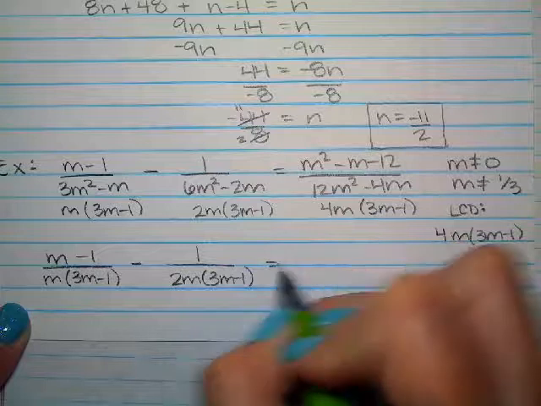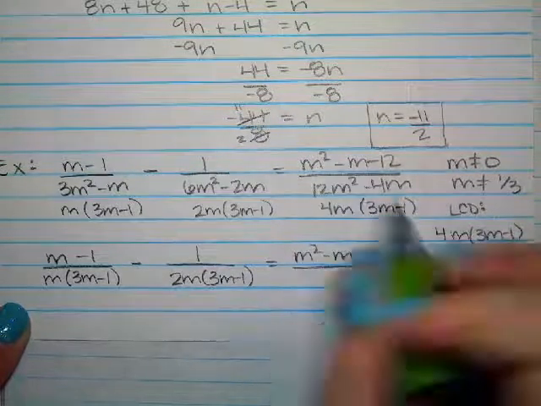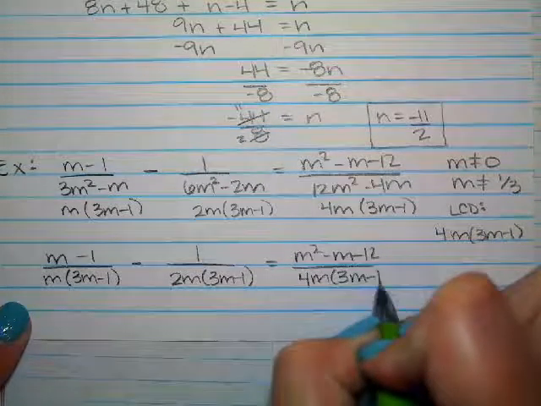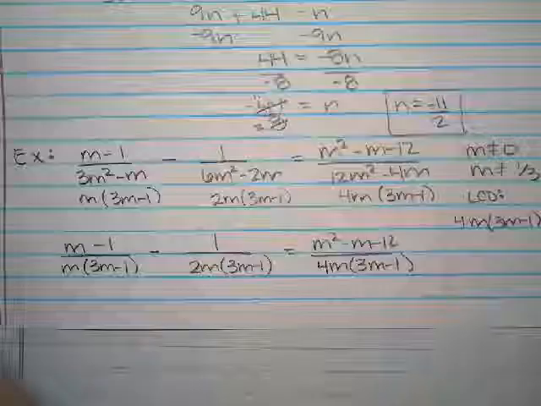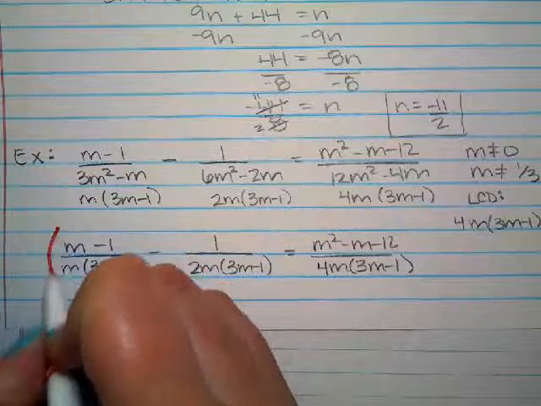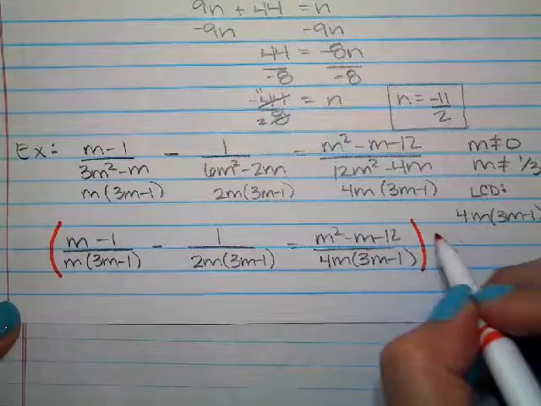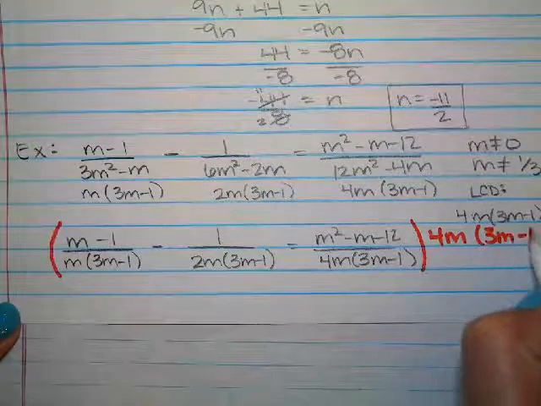It's going to be a little bit easier for me to multiply by the least common denominator if I'm dealing with the denominator in its factored form. So I'm going to multiply the entire equation by the least common denominator, and I'm going to distribute that.